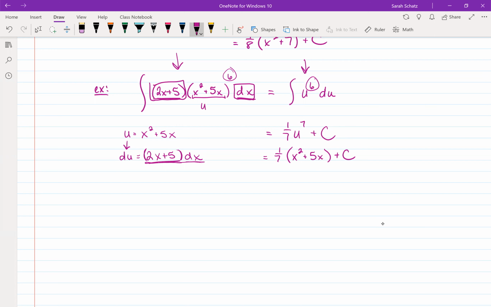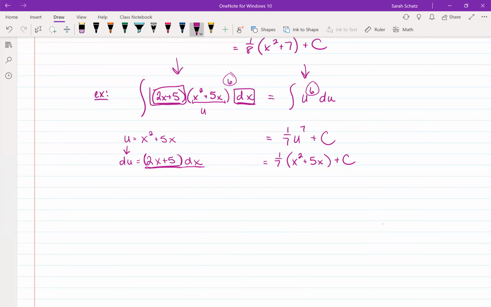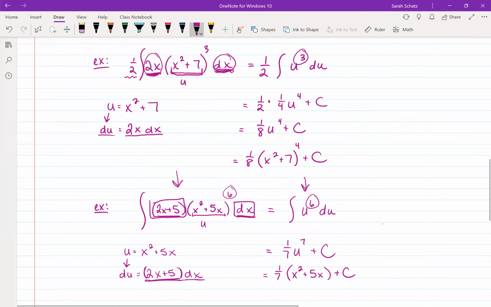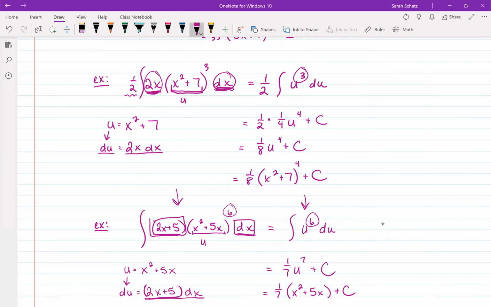So there we go. You'll notice that on all of these problems, we've gone from two terms, like a product of two things. Like on this one, we had 2x, and then we had the x squared plus 7. We always get down to just one. Remember, if we were doing the chain rule in reverse, we would start with just the one thing, and we would end up with something on the outside.